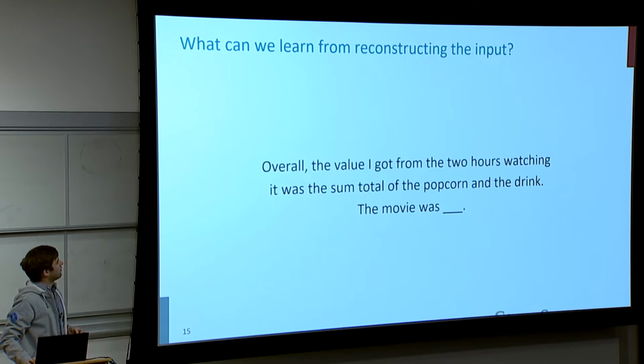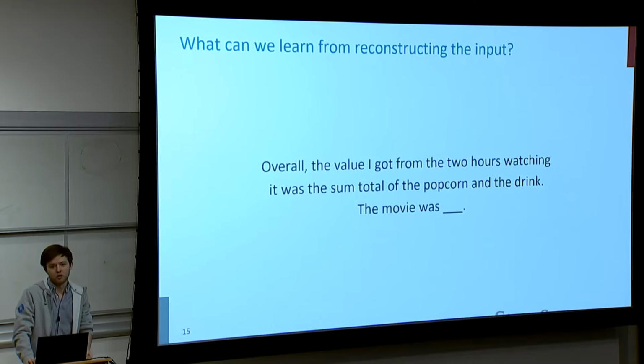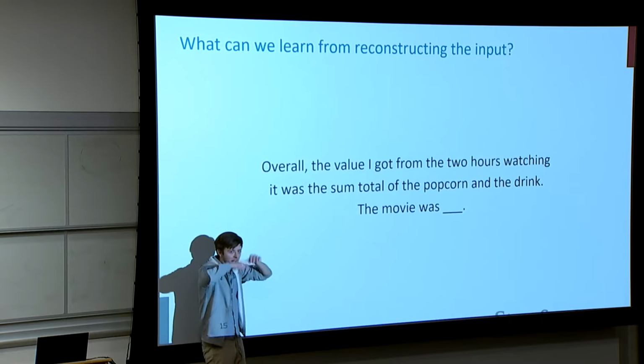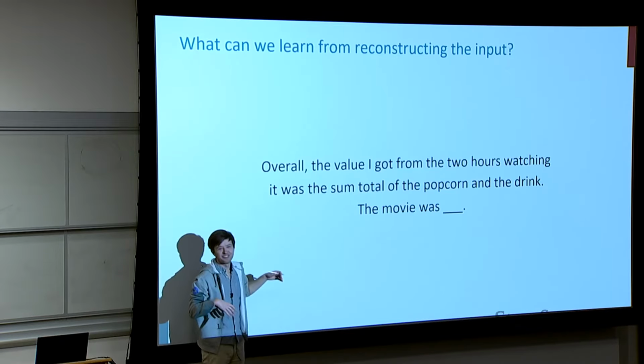Overall, the value I got from the 2 hours watching it was the sum total of the popcorn and drink. The movie was blank. What kind of task could I be learning from doing this sort of prediction problem? Sentiment, exactly. This is just naturalistic text that I naturally wrote myself.